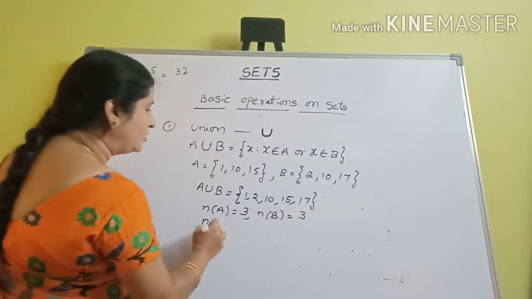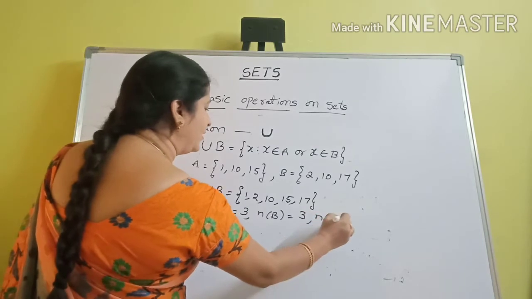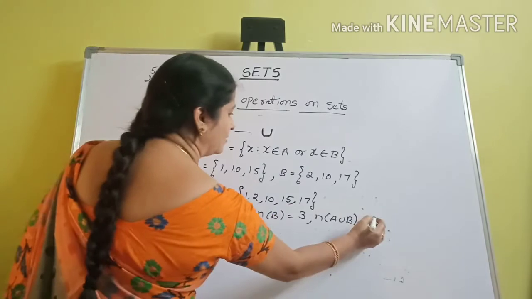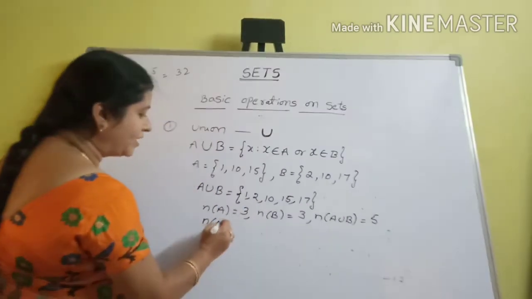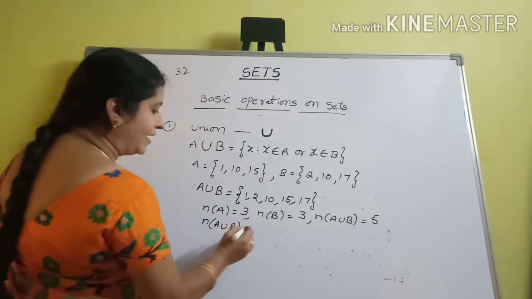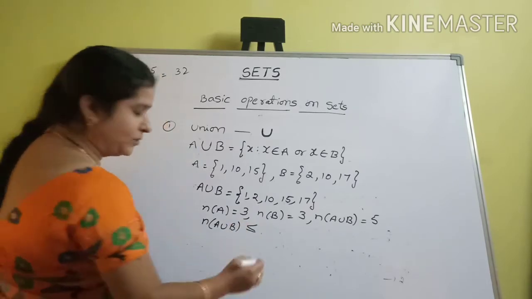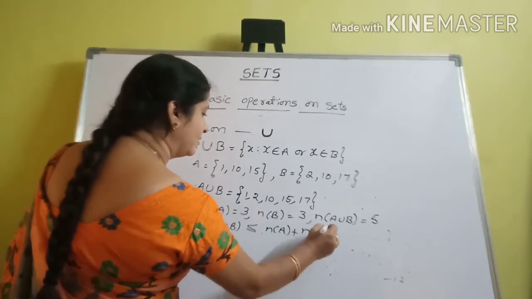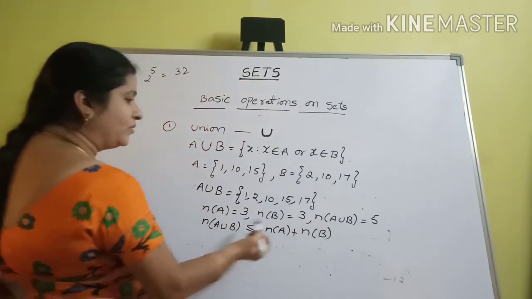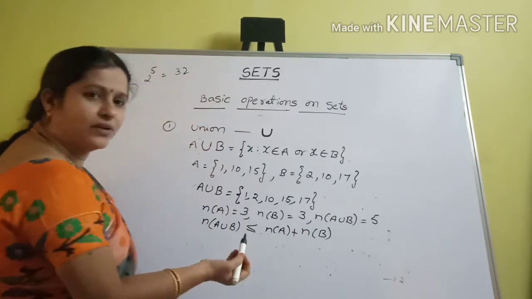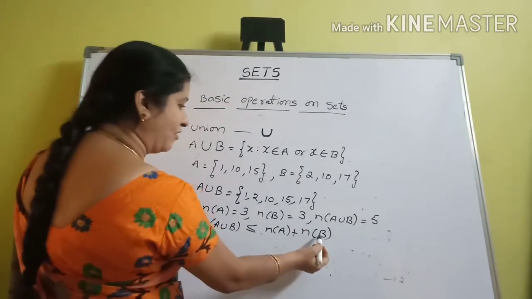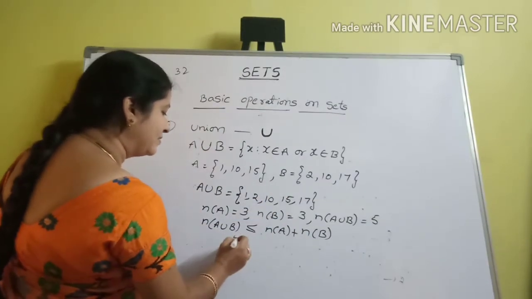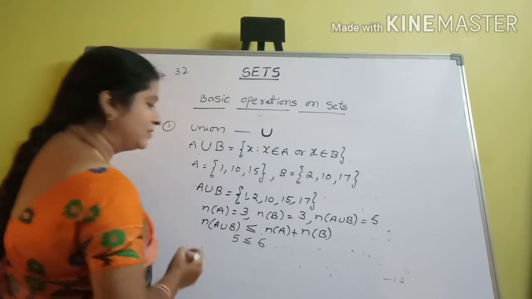So n of A union B. How many elements in A union B here? 5 elements. So n of A union B is always less than or equal to n of A plus n of B. Here 5 is less than or equal to 3 plus 3, 6. 5 is less than or equal to 6.